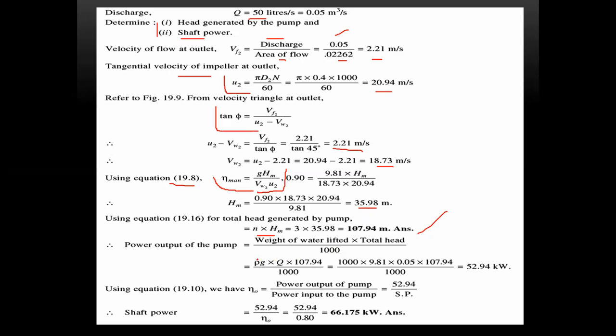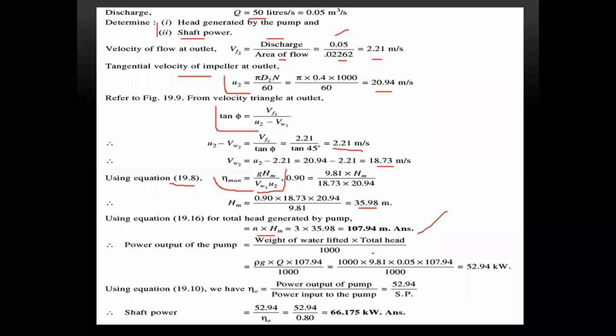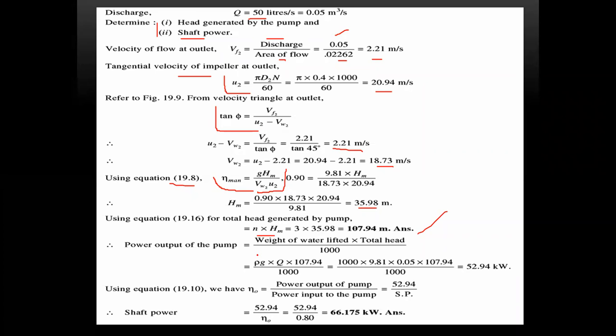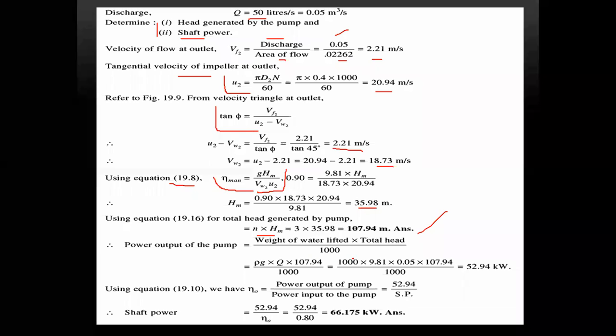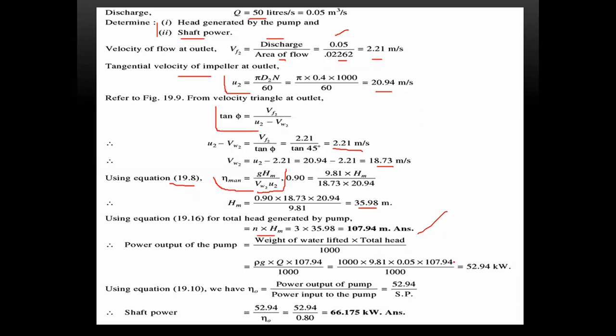Since it is water, take 1000. g is 9.81. If instead of water you take oil with specific gravity 0.9, then you write rho equal to 1000 into 0.9. Here we have only water, so directly rho into g into Q. Therefore 1000 into 9.81 into 0.05 into 107. After substituting we get the value.